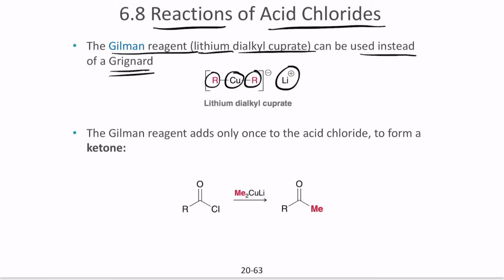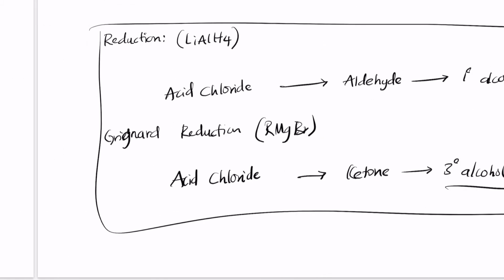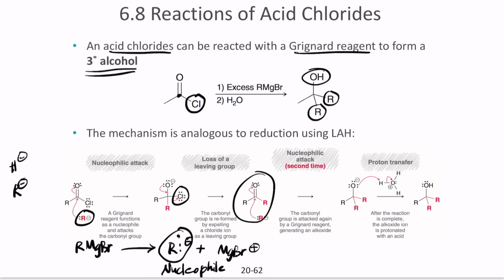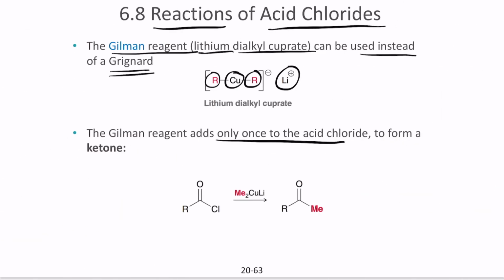It only adds once to the acid chloride. Remember that the Grignard reaction does not stop at the ketone; it continues to create the tertiary alcohol. But if you want to stop it at the ketone structure, then we have to use the Gilman reagent.